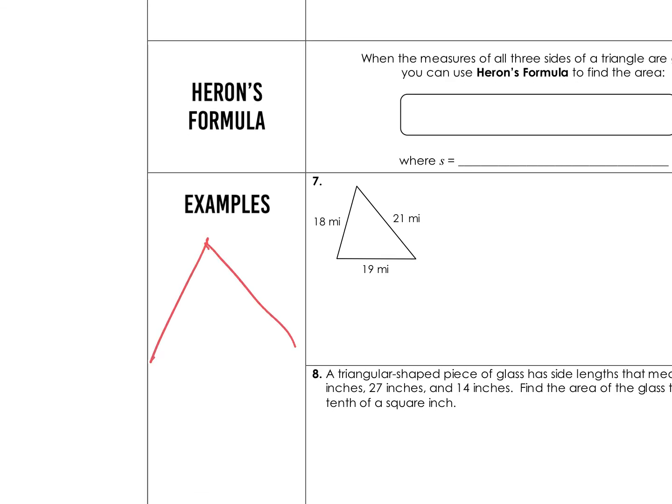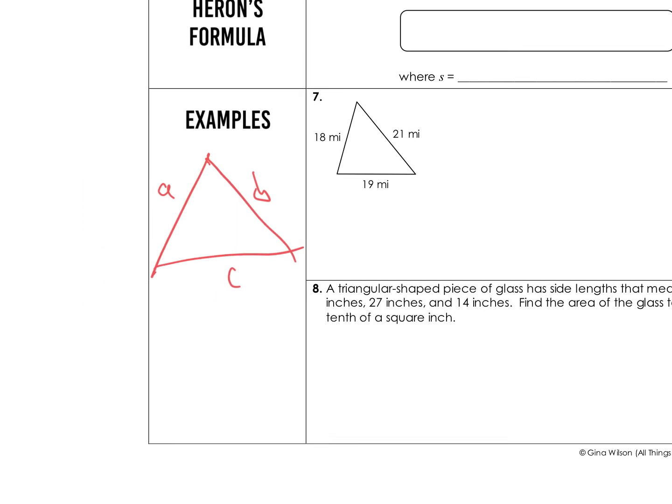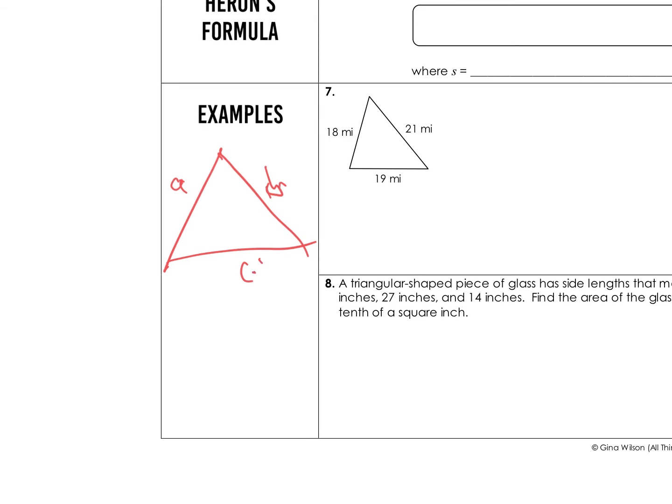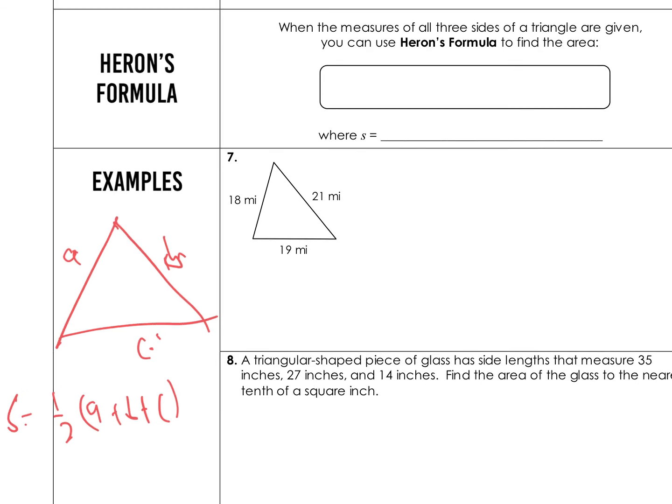If you got a triangle with sides A, B, and C, this Greek mathematician figured out that if you take all three sides and add them together, A plus B plus C, and take 1/2 of it, we call that S. Now, why do I need S?